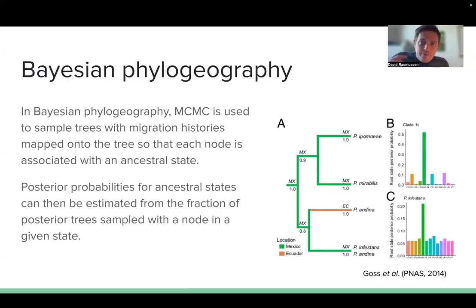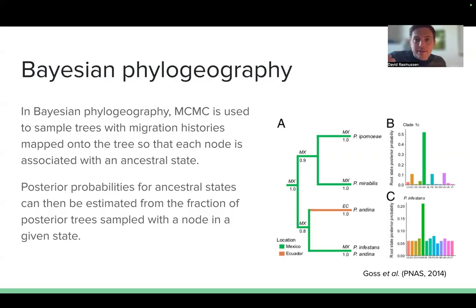Well, in this case, at each iteration of our MCMC algorithm, we'll sample a given tree, and then for all of the nodes in that tree, we can calculate the probability of that node being in each population using the matrix algebra approach that I just described. And then we can randomly sample a location for each node based on their probabilities.